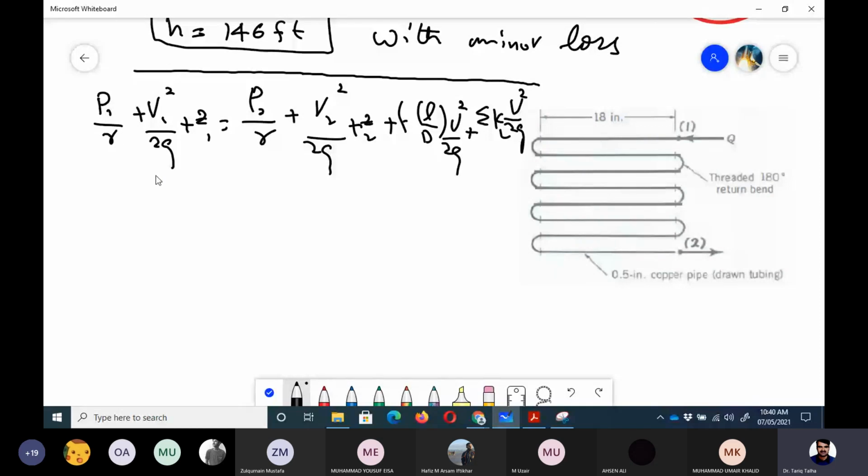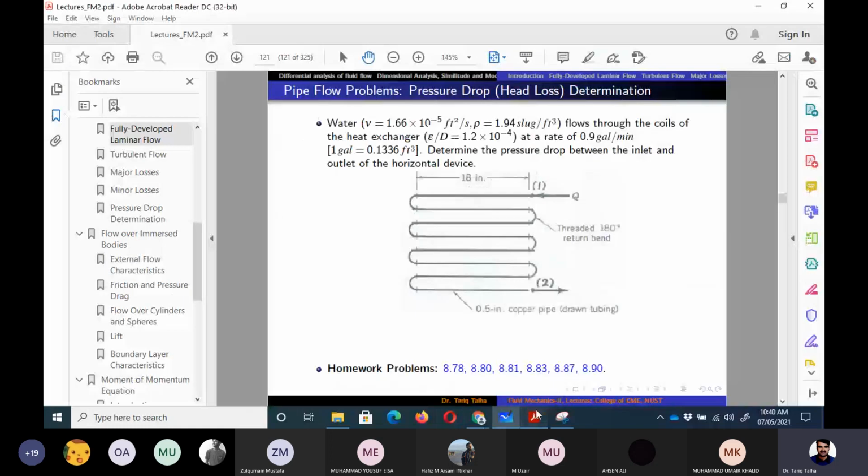Then, because the diameter of the pipe is the same, V1 is equal to V2 is equal to V, and that we need to determine. So that is Q upon A. The Q value, if we see the statement, is 0.9 gallons per minute.